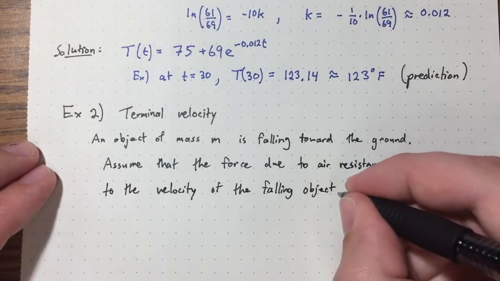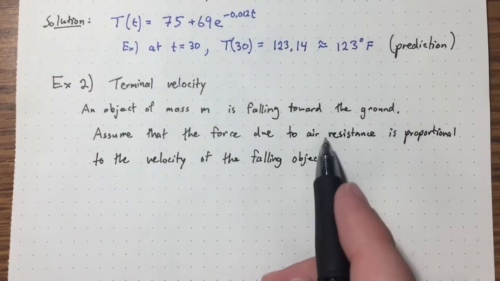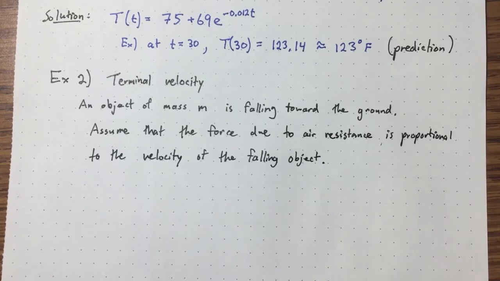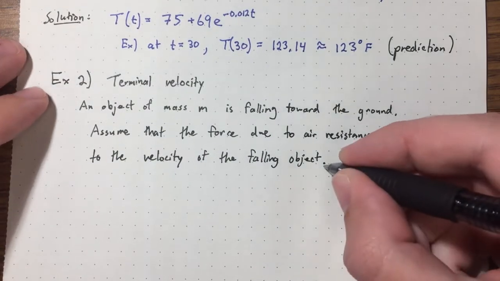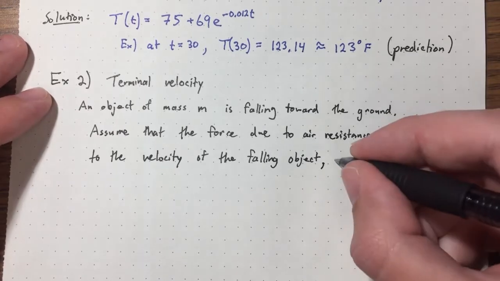Okay. And because it's air resistance, we also know that this force is going to act against the motion of the object. It's going to be acting in the opposite direction. So proportional to the velocity of the falling object and in the opposite direction.